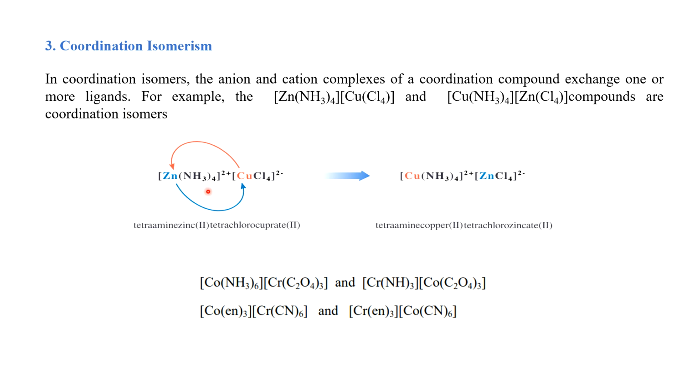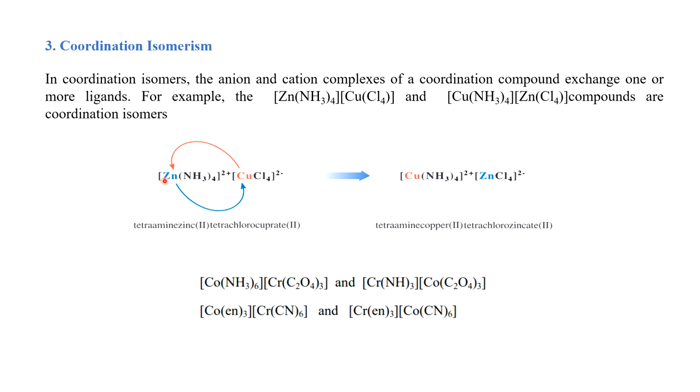This is an example of a coordination compound where the cation is a coordination compound and the anion is also a coordination compound. Now, if the ligands are exchanged in these two coordination entities, or the other way, the metal may also exchange.